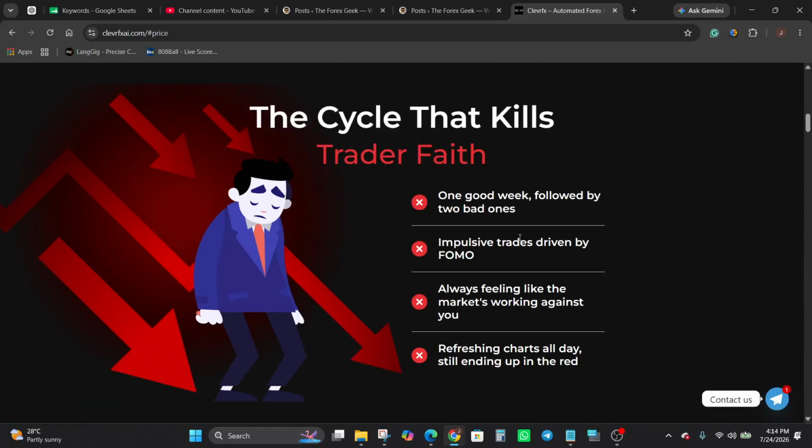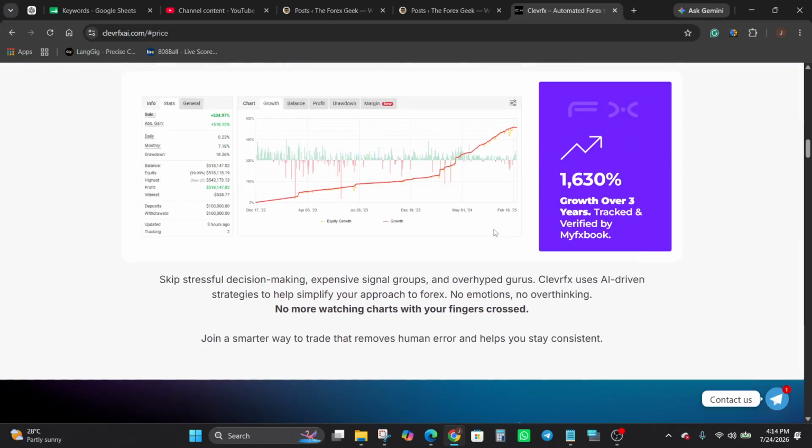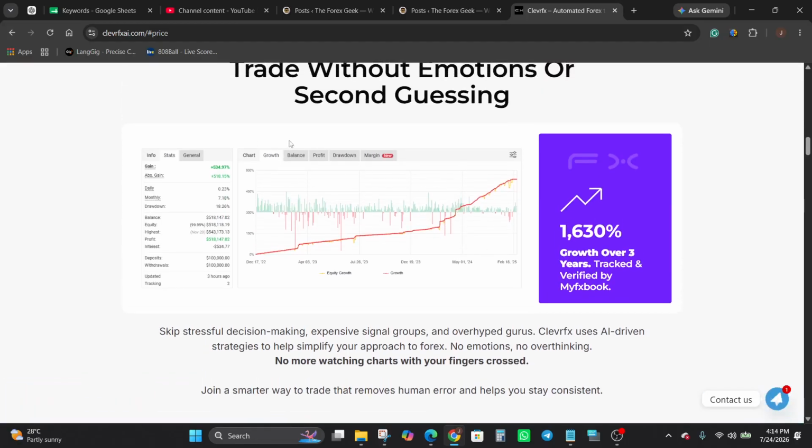Now, examining the second MyFXBook performance breakdown here, still, this is just an image and there is no link to the actual MyFXBook page. In this case, this performance extended into early 2025.